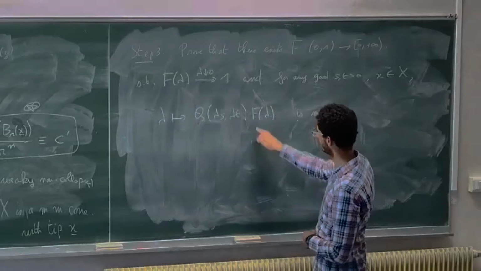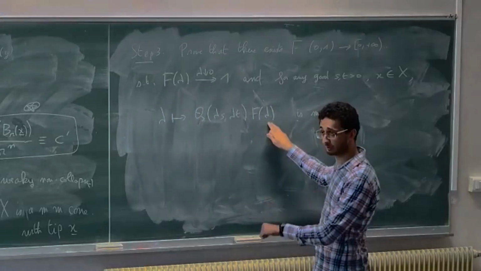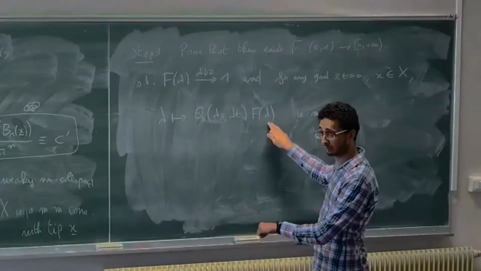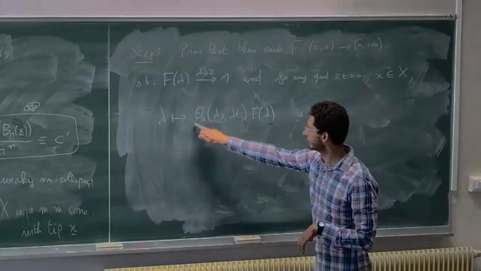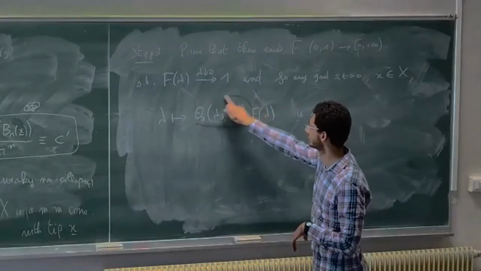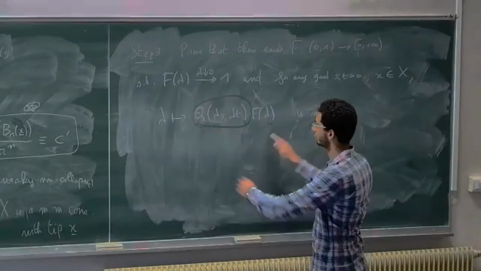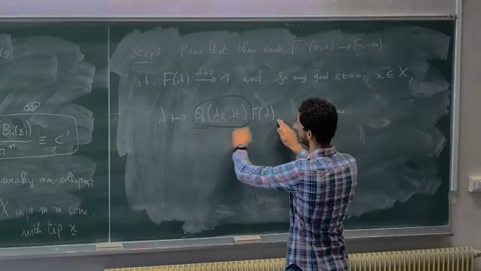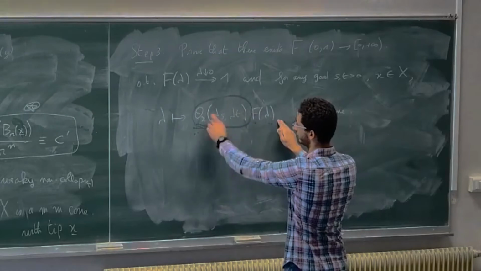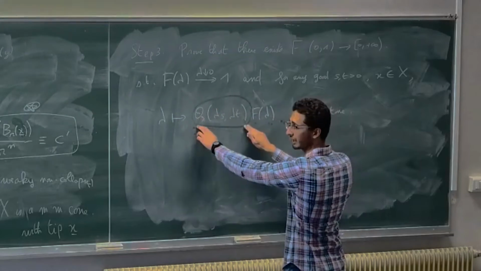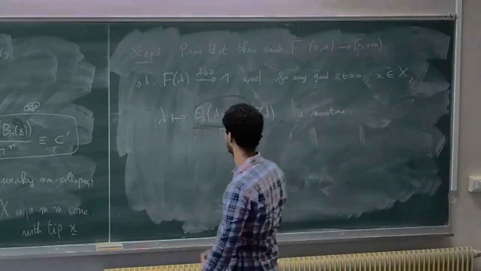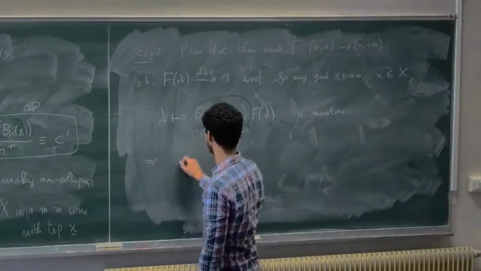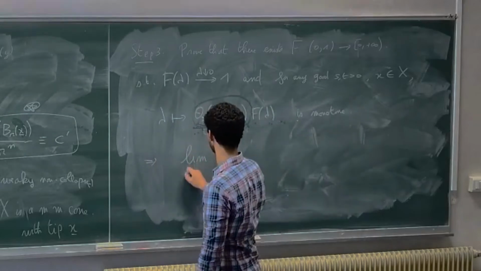And so, since f(lambda) goes to 1, we are able to define the limit when lambda goes to 0 of this quantity. This is monotone, so we can consider the limit as lambda goes to 0, and since f(lambda) goes to 1, this limit is equal to the limit of this guy when lambda goes to 0. So this tells us that this limit exists.